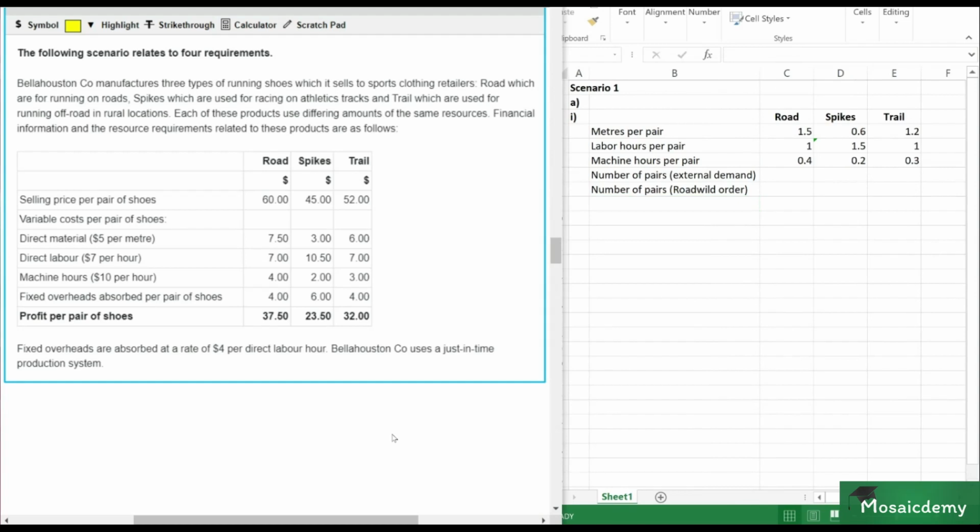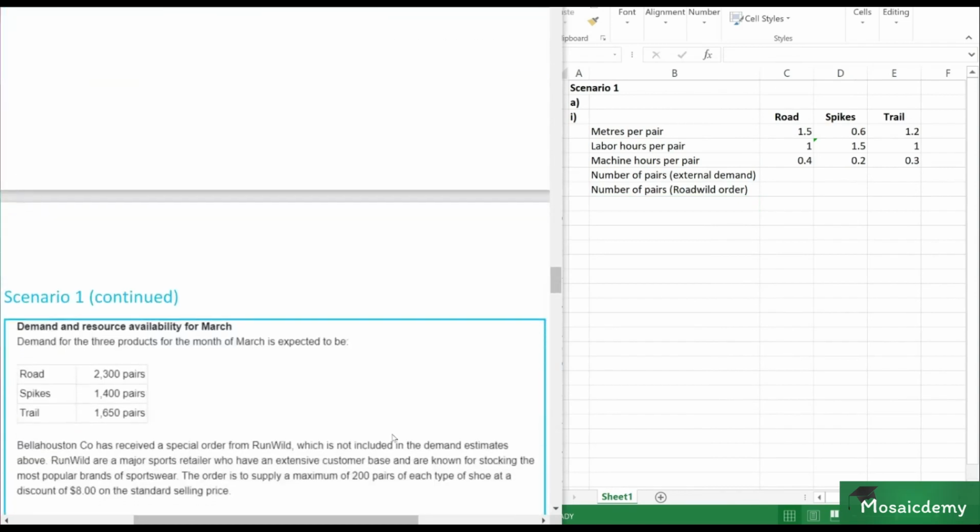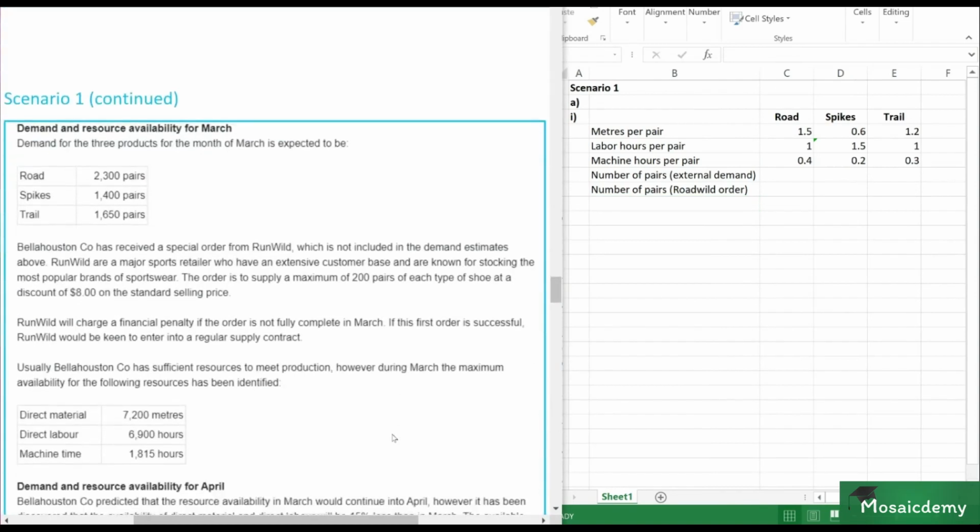So if we go down in our case scenario, the external demand is expected to be 2,300, 1,400, and 1,650. The reason we're inputting all these amounts is so that we can link our formulas based on them by inputting them once, and we won't have to type them in again and again, which will avoid possible typos and save us time later on, even if it's taking us time right now.